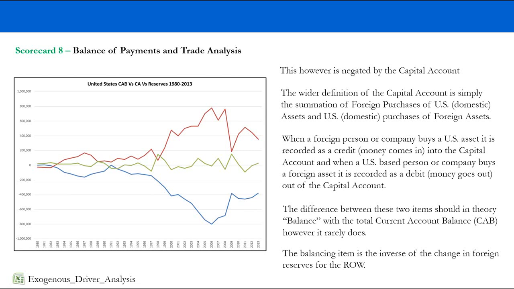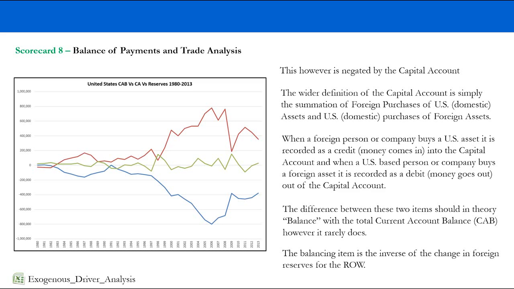The wider definition of the capital account is basically the summation of foreign purchases of US domestic assets and US domestic purchases of foreign assets. So when a foreign person or company buys a US asset in the United States, they pay for it in dollars. It is recorded as a credit.